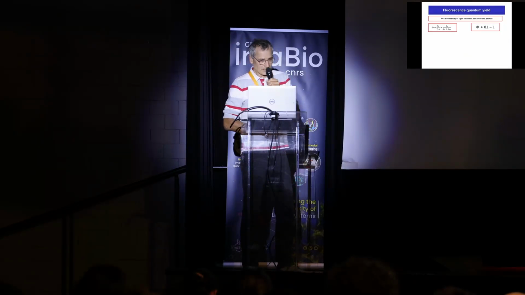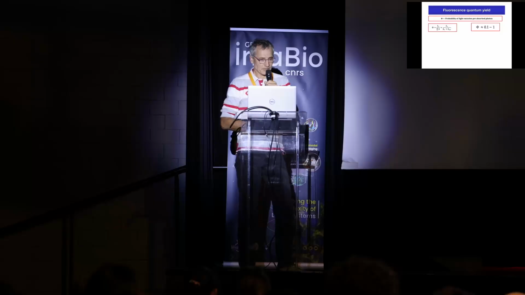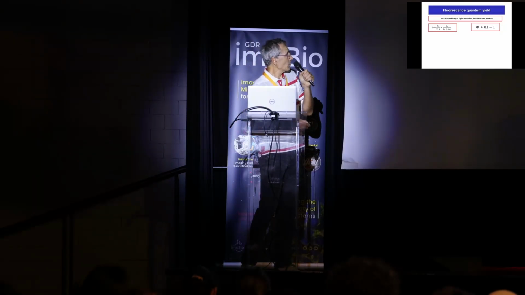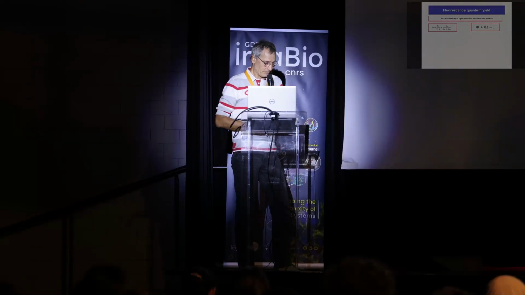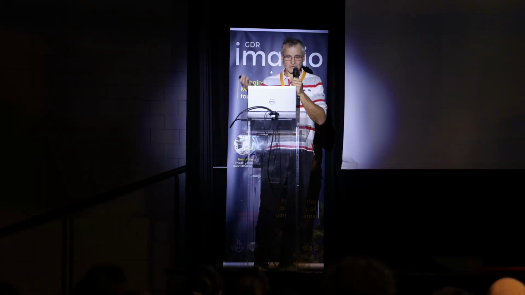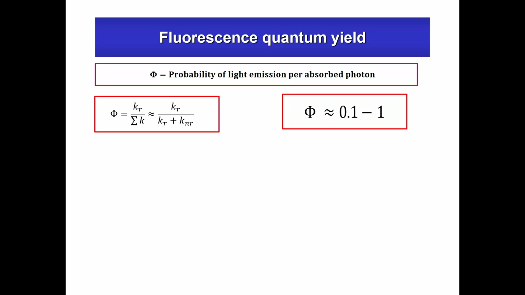So, a little definition about fluorescence quantum yield. Fluorescence quantum yield is essentially the probability that a fluorophore will return to its ground state after photon absorption by photon emission. So it's expressed by this little formula here.